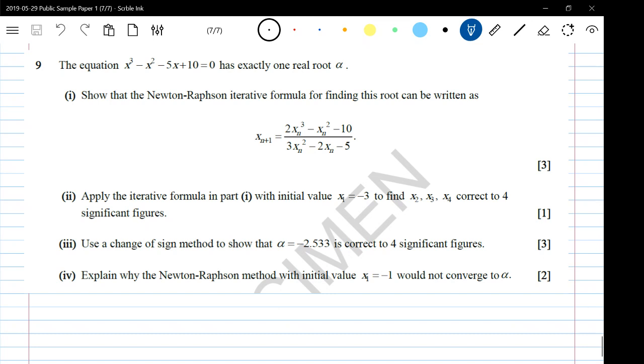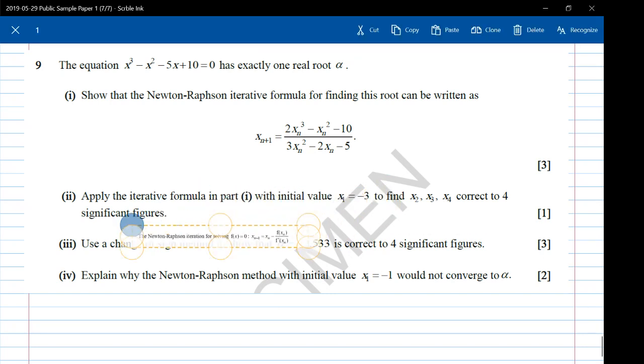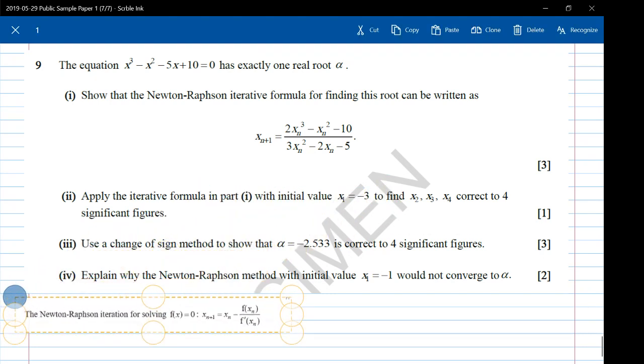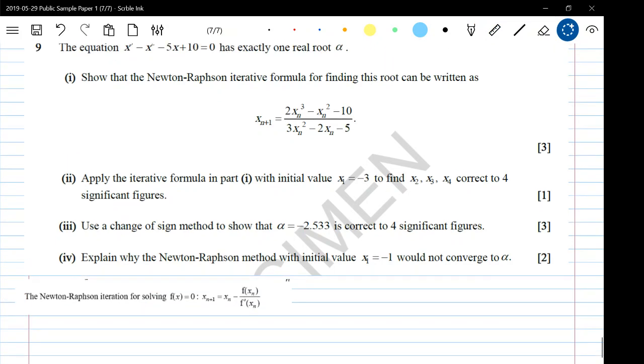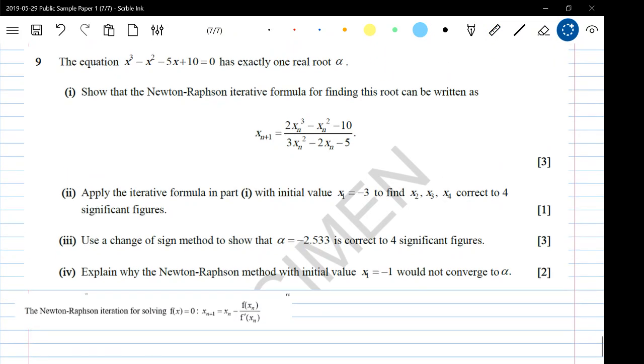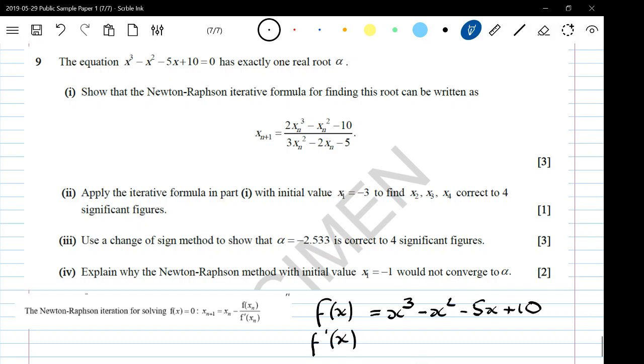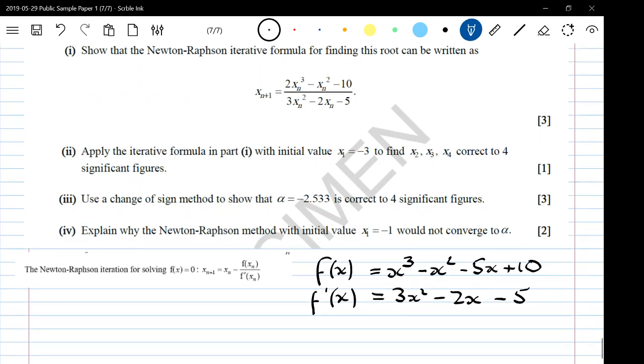So what we need is f of x n over f dash. So we're going to have to differentiate it, aren't we? If we set f of x as being x cubed minus x squared minus 5x plus 10, then f dashed x must be 3x squared minus 2x minus 5.